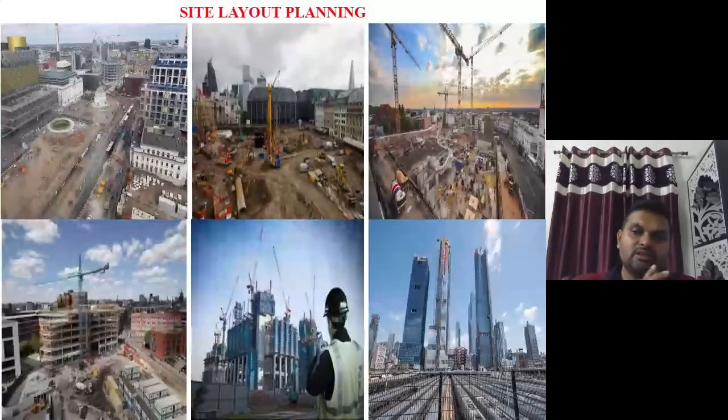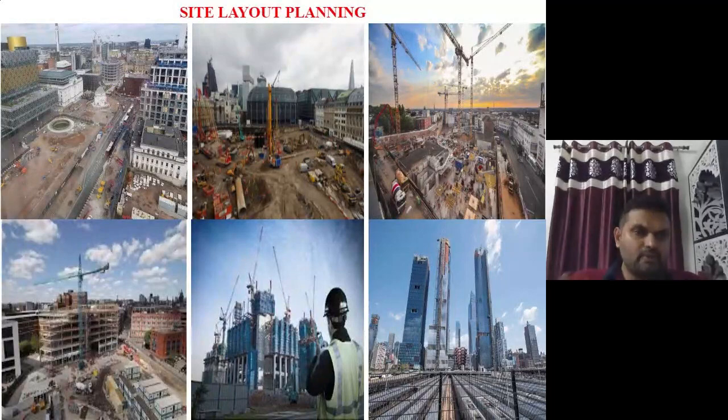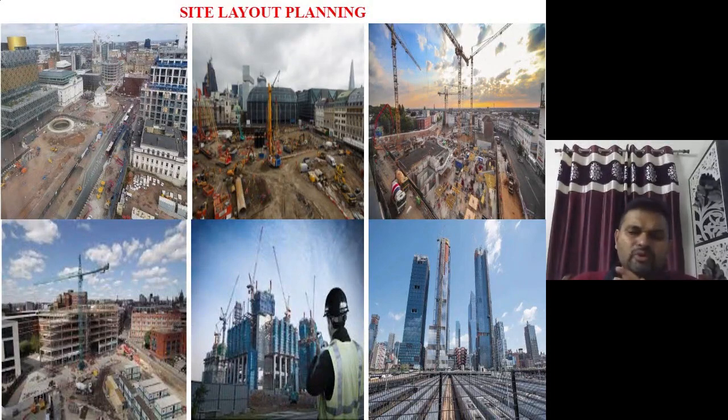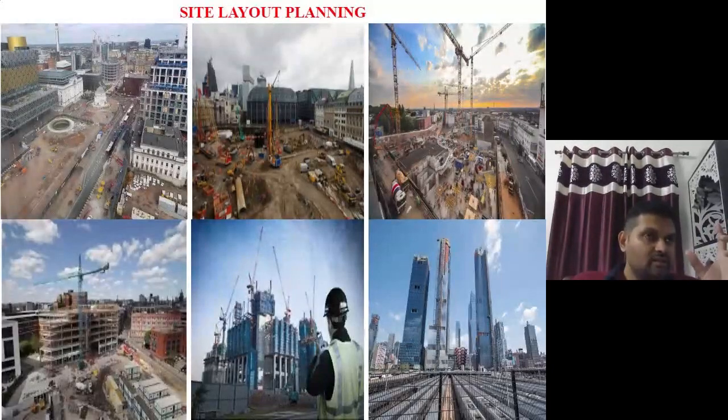Now when I'm talking about site layout planning, there is one very important thing which we need to understand. Whenever we are moving to any kind of project, there may be only two types of projects: brownfield project and greenfield project. Brownfield project means there are already many things on the site.